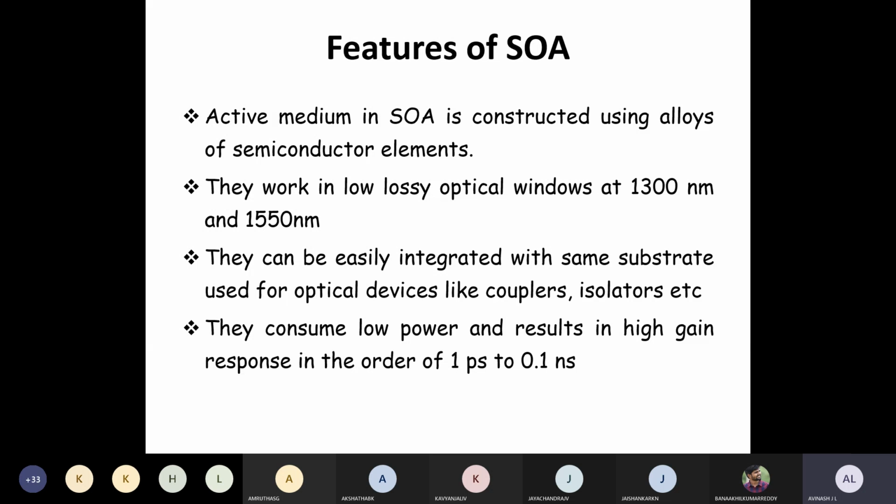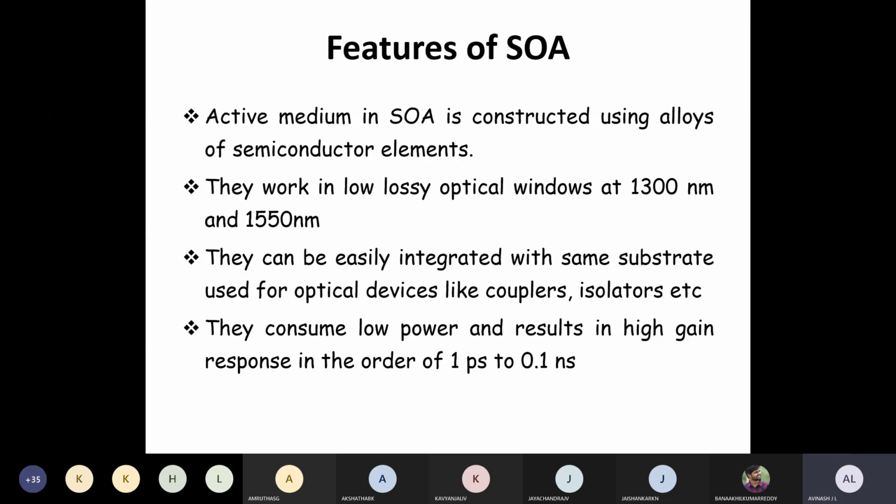The next feature is that they work in low-loss optical windows, at optical wavelengths of 1300 nanometer and 1550 nanometer. Low loss means the loss will be very less.